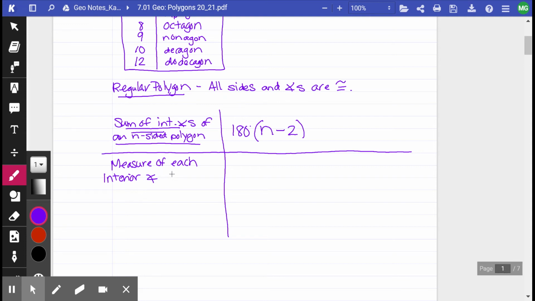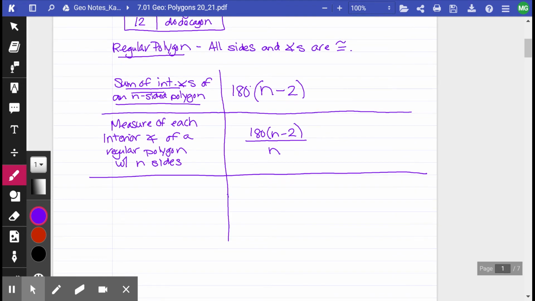So the measure of each interior angle of a regular polygon, because if it's not regular, then all the angles aren't the same, so we wouldn't be able to find it this way, of a regular polygon that has n sides. So to do that, you would take the sum of the angles in your polygon and divide it by how many angles you actually have, which should be the same as the number of sides.